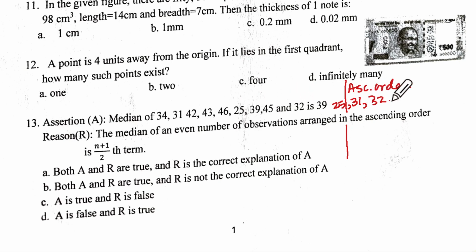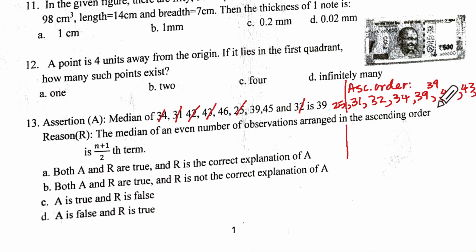Then 32. So I'm just cancelling this. Now, after that, which one do you see? 34. And I'm cancelling this. Then 39. Then 42, 42. Then 43, and then 39. Oh, there are two 39s.